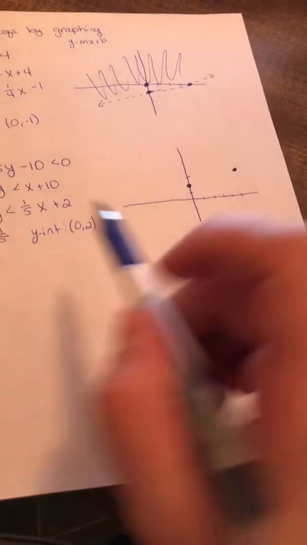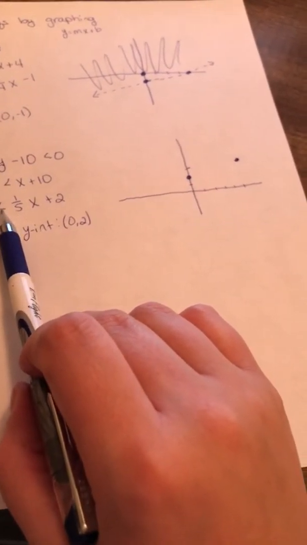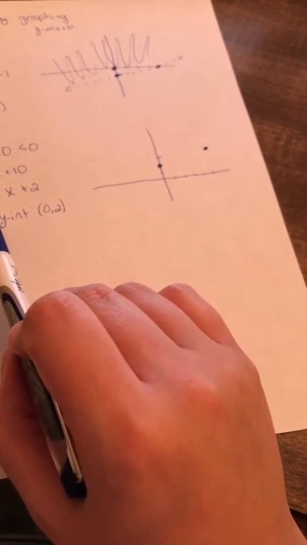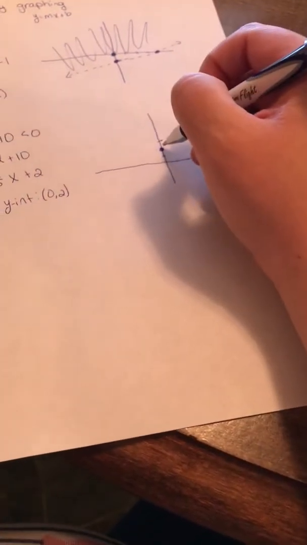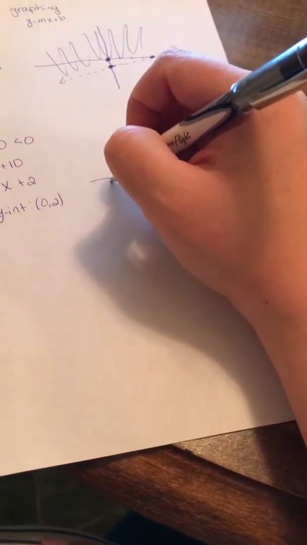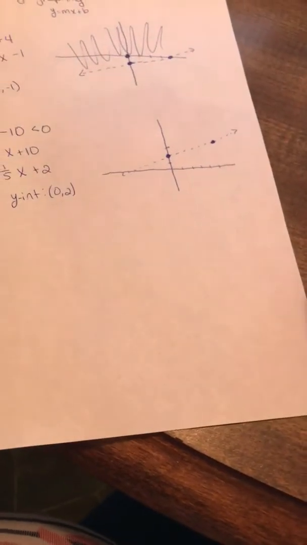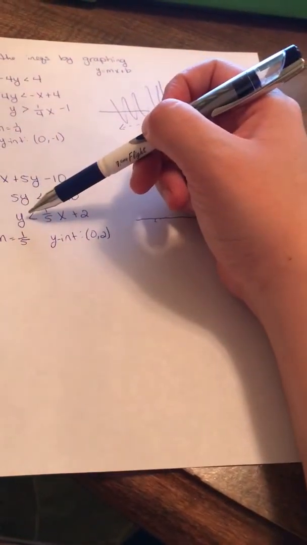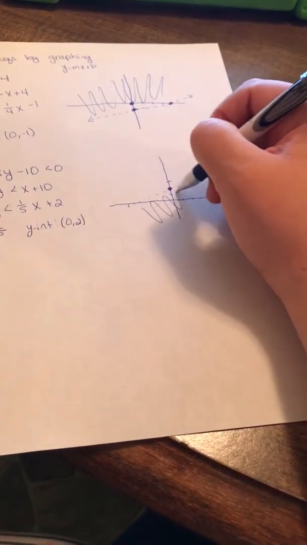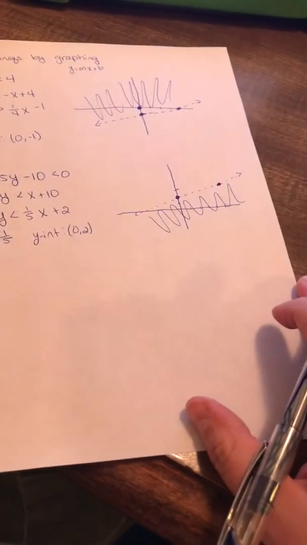And I'm going to draw the line, and again, you need to pay attention. If it's strict, you have to do dashed or dotted lines, and if it's equal to, you do solid. This one's strict, so I'm going to do dashed. And for this one, y is on the left, so if it's less than, I would shade below the line.